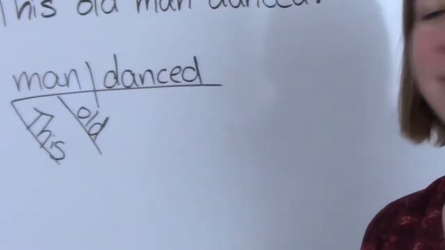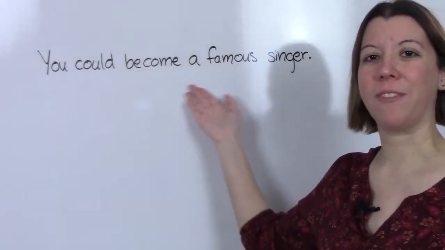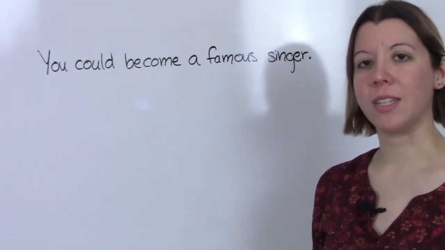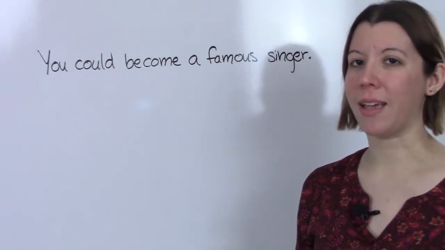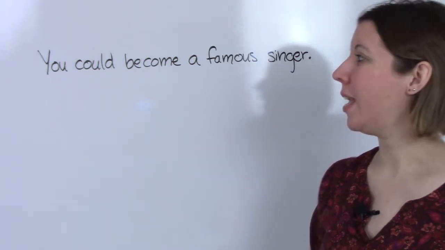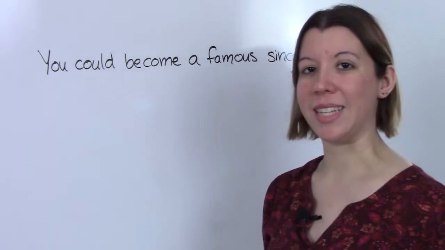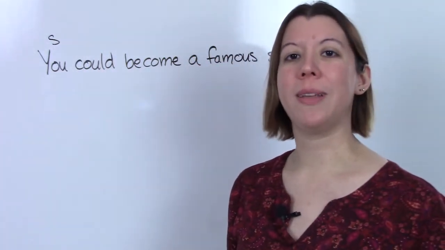Let's try another one. Here we have the sentence, you could become a famous singer. Now this sentence deals with a concept from a previous video, the concept of predicate nominatives. If you're not familiar with that concept, I'd recommend going back and rewatching that video. It's lesson 3. The subject of this sentence is you. That's who or what the sentence is about. The verb, could become.